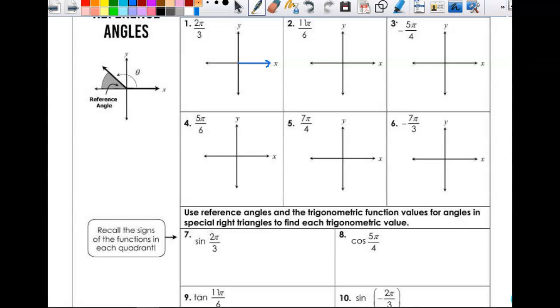So if pi thirds is 60, then 2 pi thirds is what? 120. So I know that I go 90 and about 30 more, plus I pretty much know that 2 pi thirds goes right there, okay? But if you didn't, then you kind of know what's happening here. So this is 2 pi thirds, and then this is my reference angle, which is what? In radians, pi thirds.